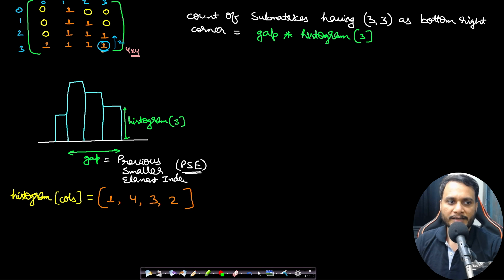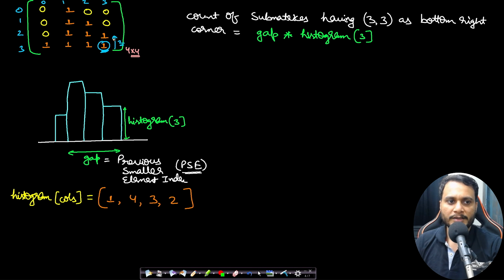So if I know that at this point the maximum run of ones in the height without seeing a 0 is 2, then I cannot have a rectangle ending at this bottom right corner, or a submatrix ending at this bottom right corner, with a height more than 2. That means the rows more than 2. It is impossible.